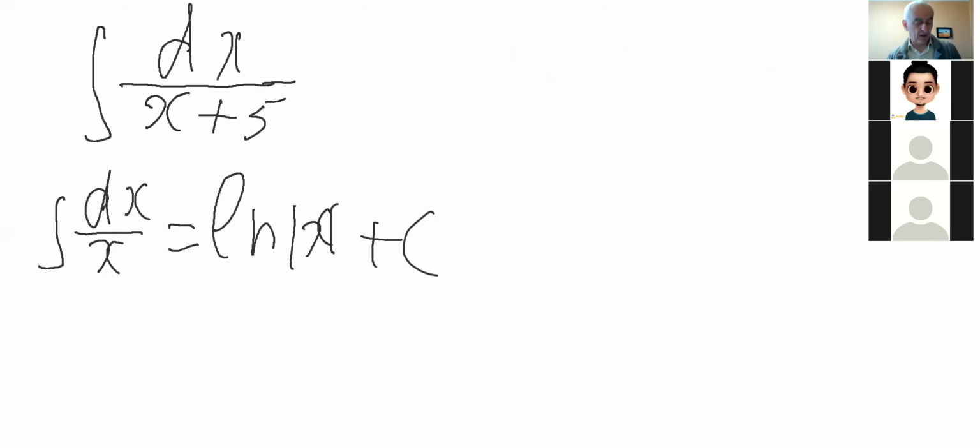But now how can we use it? They are similar, and I suppose we need to use this formula. Like x plus 5 is equal to t maybe.